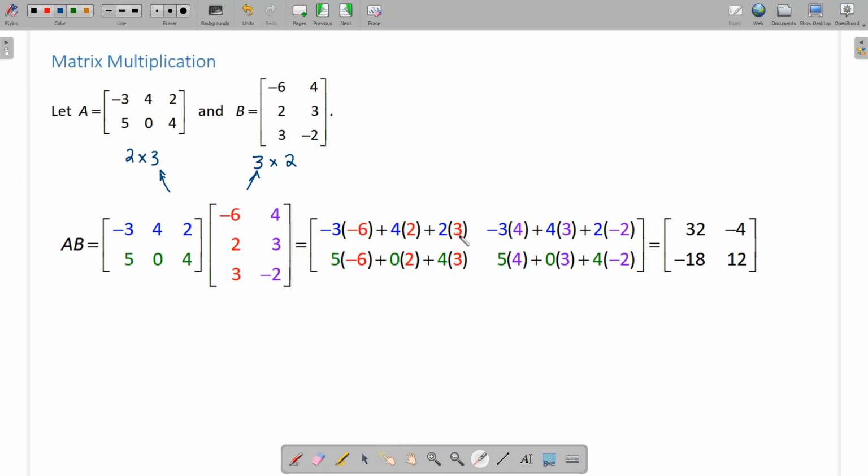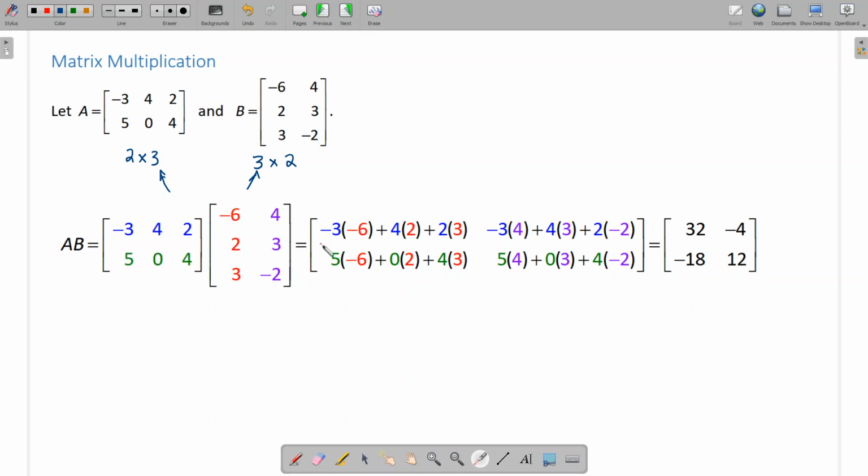So let's look at this set of numbers here. We did negative 3 times 4 right there, 4 times 3 right there, and 2 times negative 2 right here. Multiply those and add them together, and you get negative 4 in that position there. Now, to get the second row here, we have to use the second row of the first matrix. So again, it's row multiplied by column.